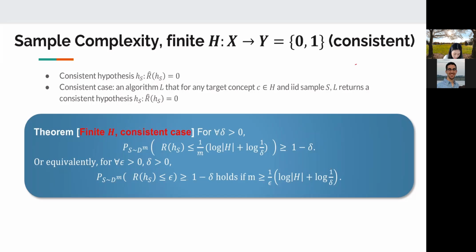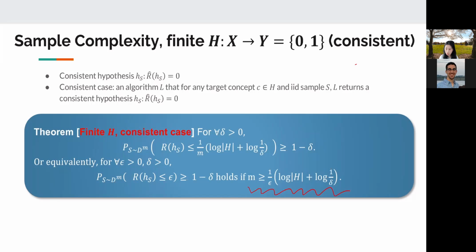So the sample complexity is here, which is the equivalent way of saying the generalization error, which is basically saying that with high probability, the generalization error is going to be smaller than epsilon.